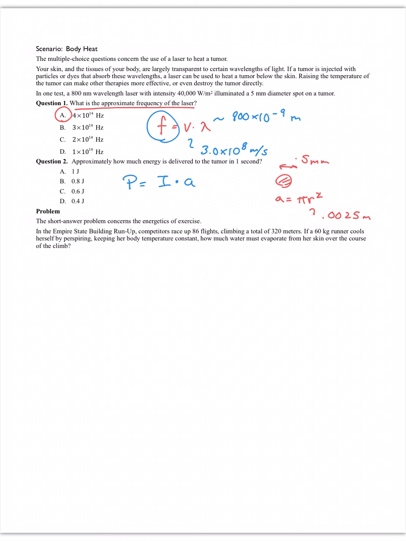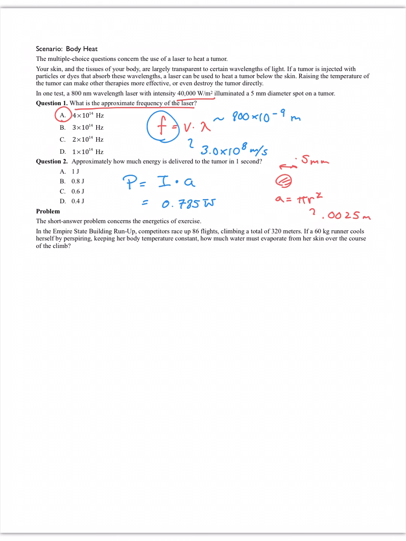With that information in hand, I can calculate the area. The other thing I'm told is the intensity, and that is given in the problem statement. So I get a power of 0.785 watts, which doesn't sound like that much power, but it's delivered to a very, very tiny spot. How much energy was delivered?